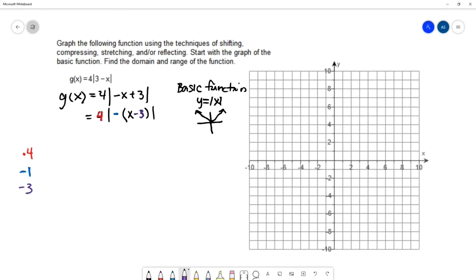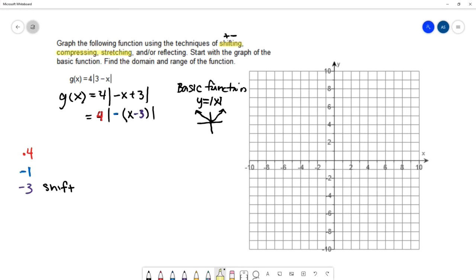So when I think of the big categories of transformations, we have the category of shifting, and shifting is going to happen when you have adding or subtracting within your equation. So I only have one subtraction, that's minus 3, so that's going to be a shift in the graph. Then the next category of transformations is stretching and compressing.